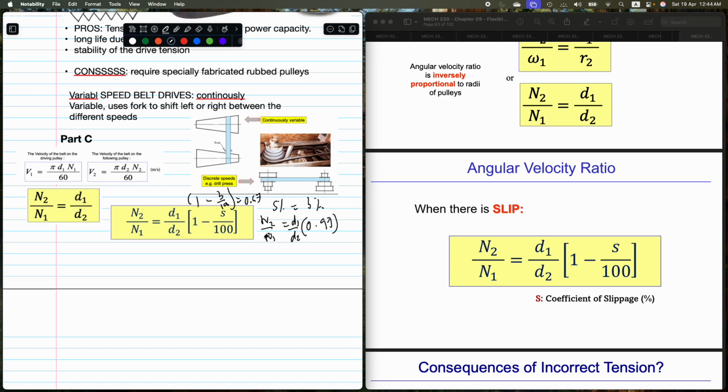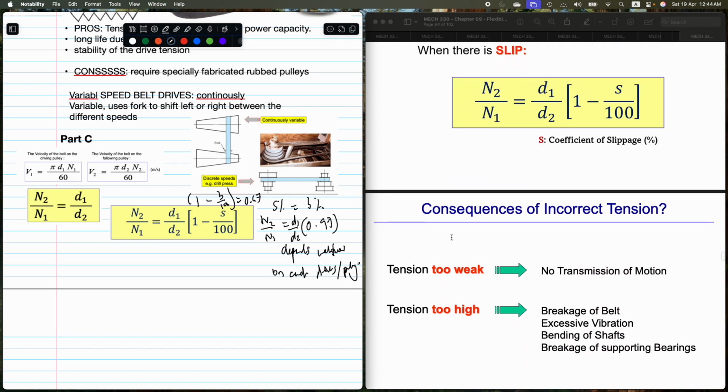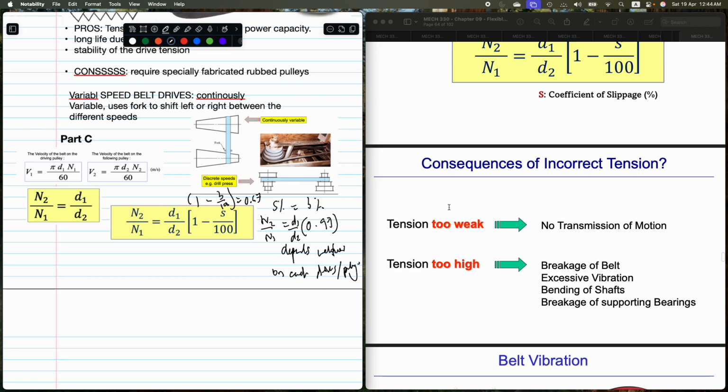It depends on whether this is on each drive pulley or not. If it's on each drive, then you have to do it twice. Then the consequences of incorrect tension.